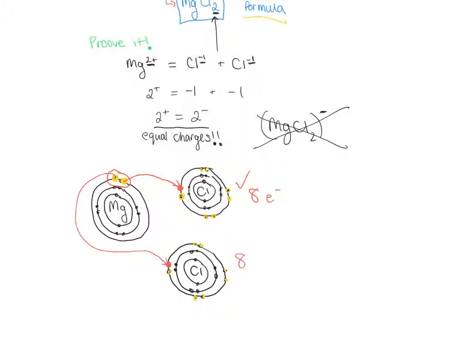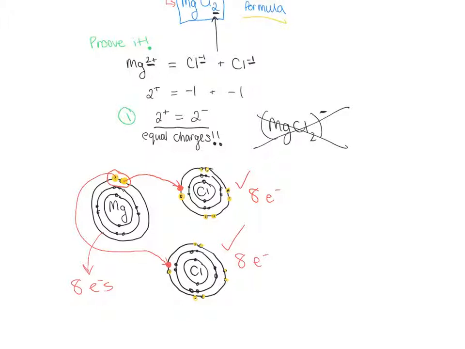This chlorine now has 8 valence electrons. Perfect. And this magnesium now loses this outer shell, and it also has 8 valence electrons, because now it just has these 2 shells here. It will just lose that outer shell because it doesn't have any electrons on that shell anymore, so that shell doesn't exist. So this is another way that we could prove it.